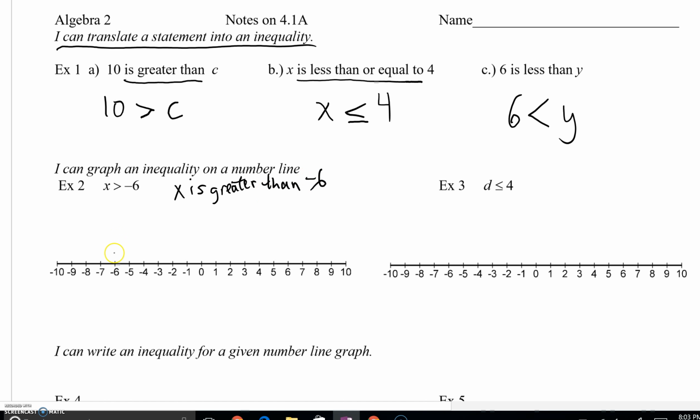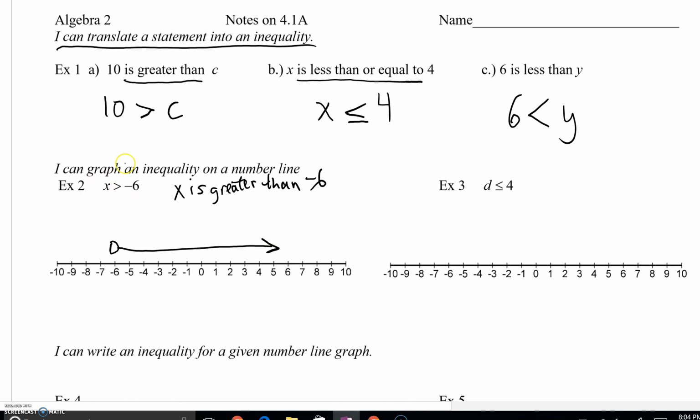So we're going to put an open circle. I'm going to put it above the number line so it really jumps out. I cannot equal negative 6. That means without the equal bar, it's an open circle. Greater than, when x is on that left side and x is greater than, you want x to be larger. So the arrow points to the right, you shade towards the right.